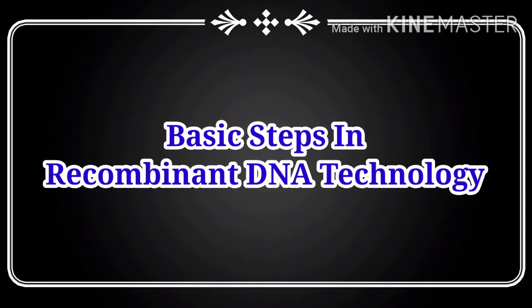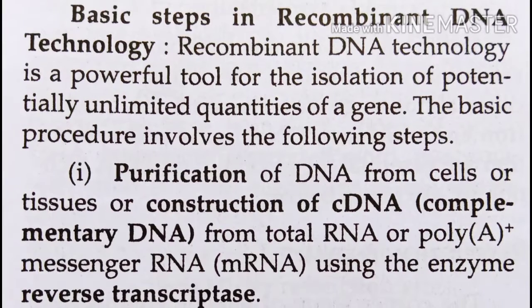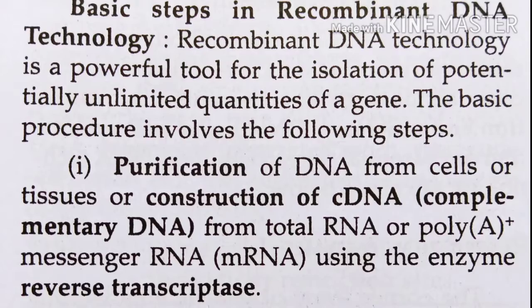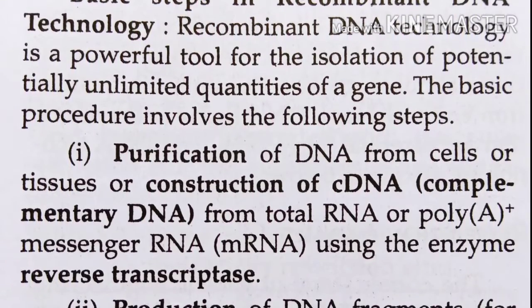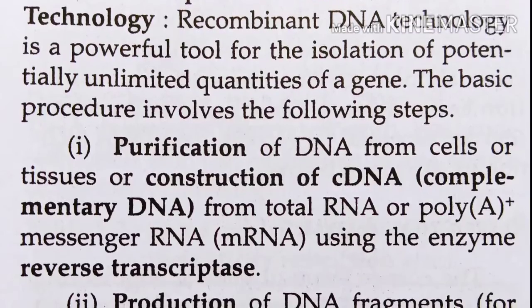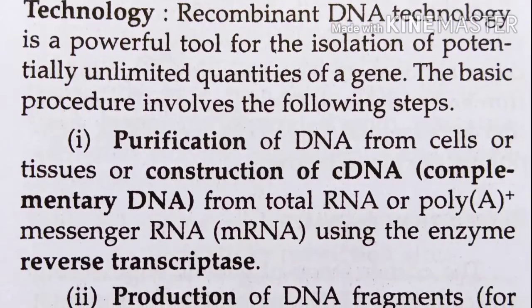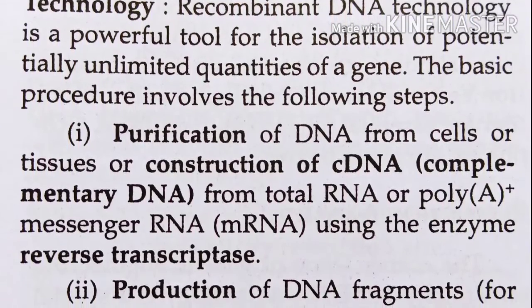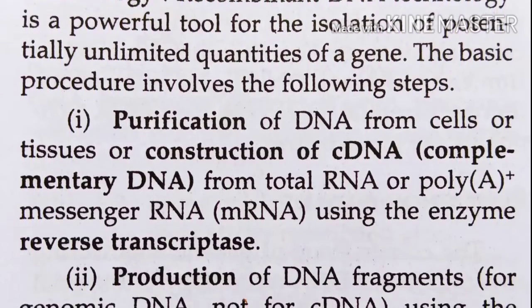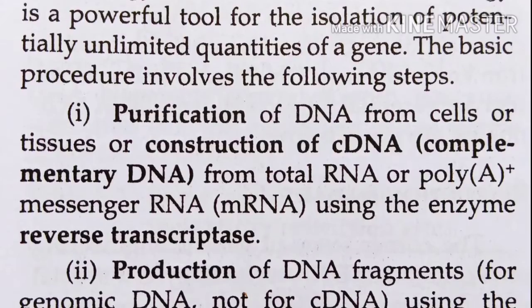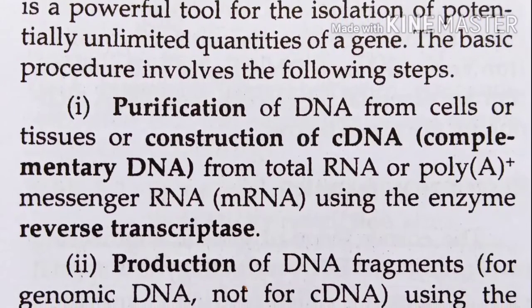Now, the basic steps in recombinant DNA technology. Recombinant DNA technology is a powerful tool for the isolation of potentially unlimited quantities of a gene. The basic procedure involves the following steps.